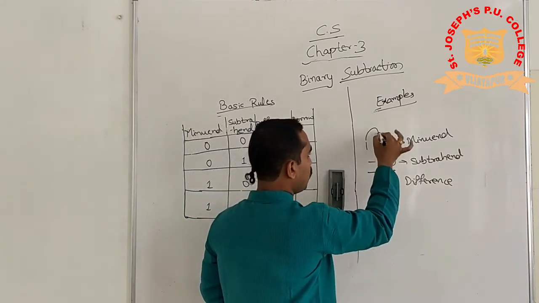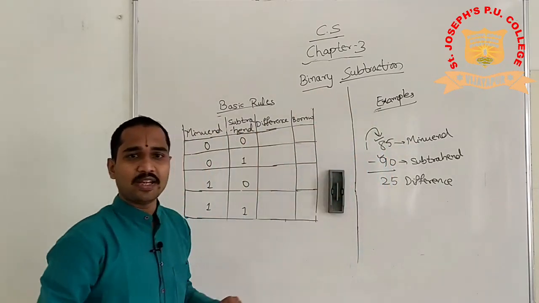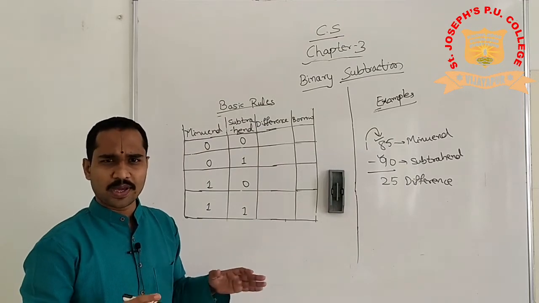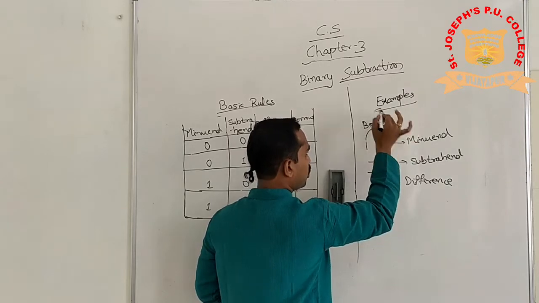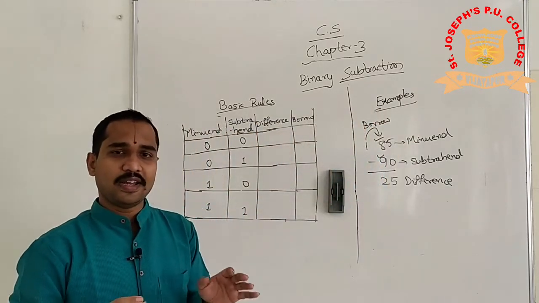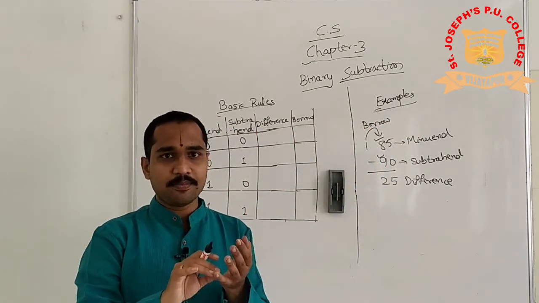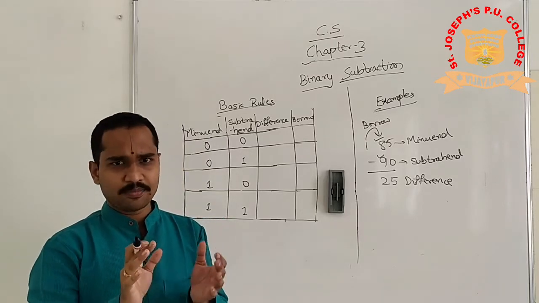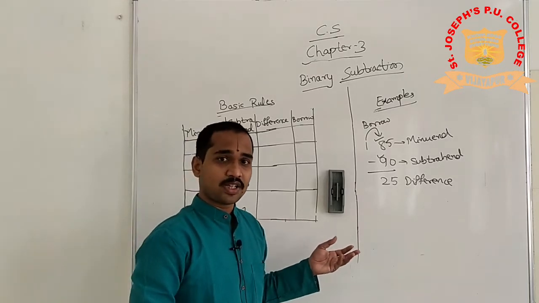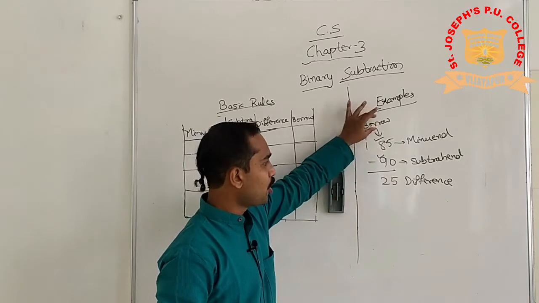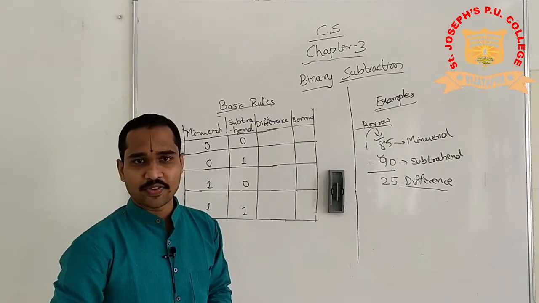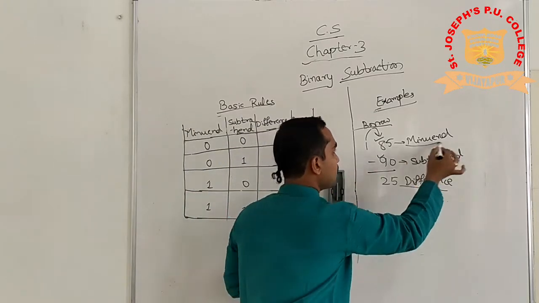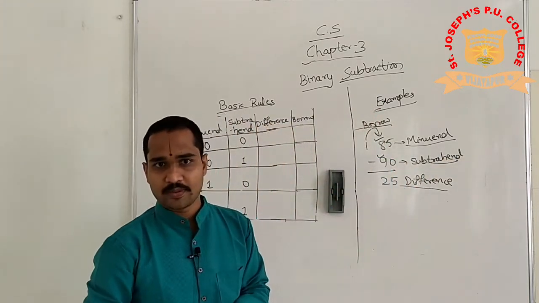You have to take one borrow from this and you subtract. In your maths you call this borrow. In addition we called it sum and carry, isn't it? But in subtraction we call the same things borrow and difference. And the numbers are called minuend and subtrahend.